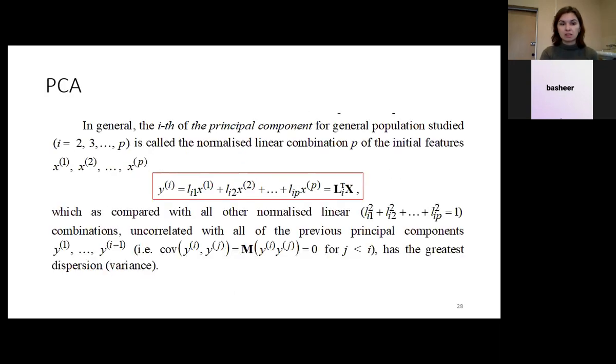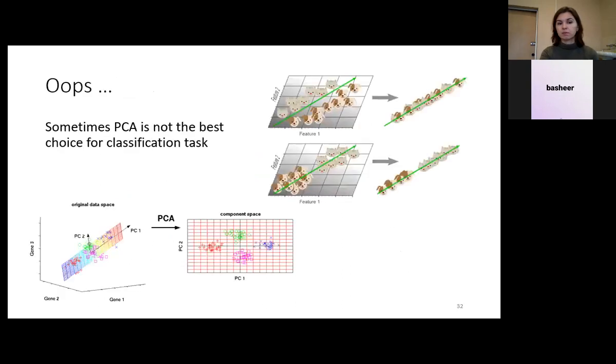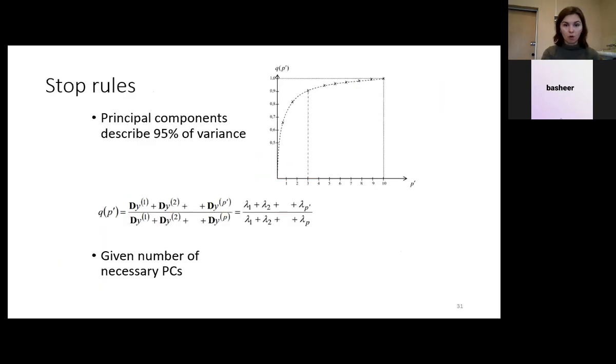After that you select some number of components which is necessary for your task. You must select 2 components if you want to plot it. I need 2 components, okay, I will take them.